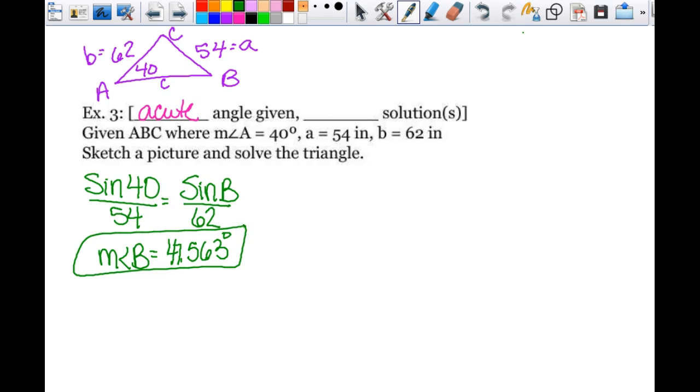Now remember, you could have an acute for angle B. That's the acute angle, and it is 47.563. So the obtuse possibility, got to check it, is going to be 180 minus that 47 dot dot dot.